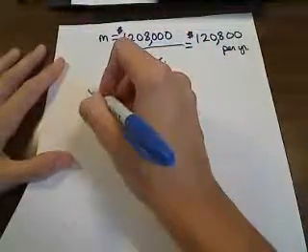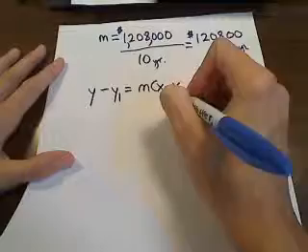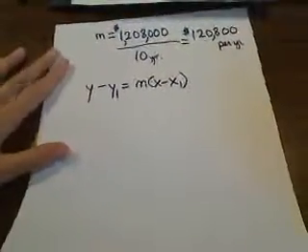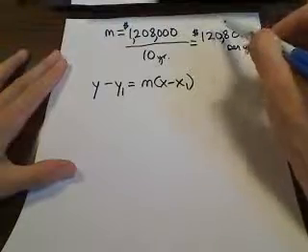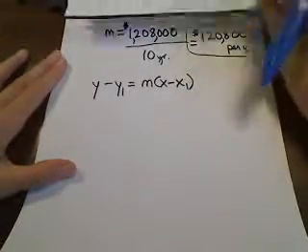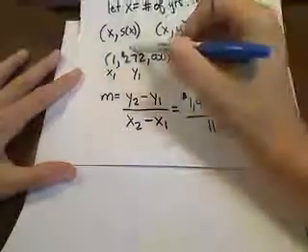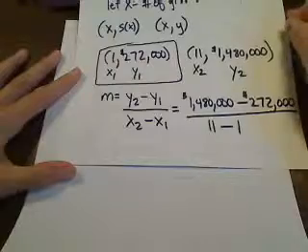The second step is we want to use our point-slope equation in order to find the equation of the line. I'm going to use the slope that I found, and I'm going to use this ordered pair, since we already have it labeled as x1, y1.